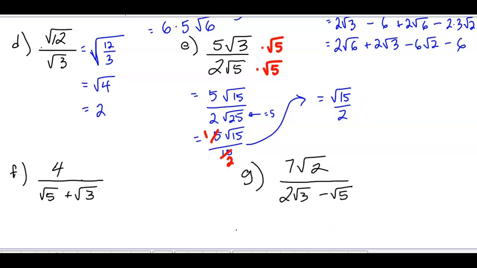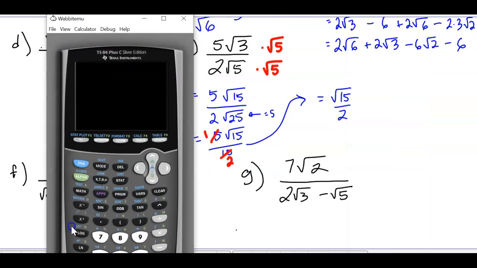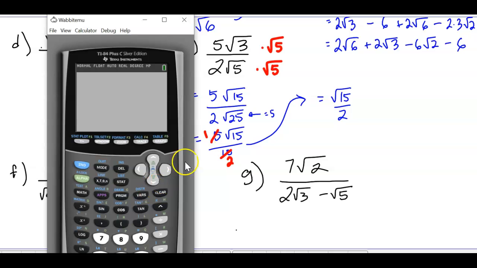This type of question is probably a good idea to check. Again, your calculator can't do it for you, but you can put in the original. Some of you may have the option of doing fractions, so I'll do it both ways. So alpha y equals, and if you choose n over d, that's going to give you a fraction.